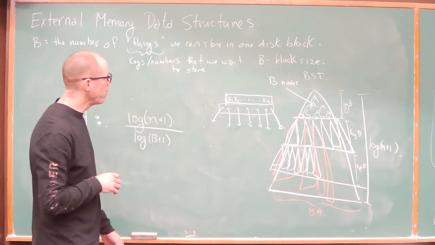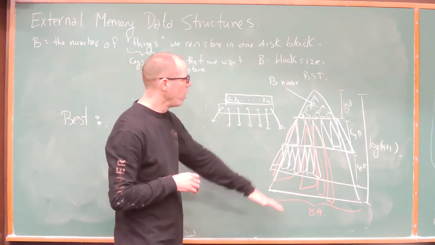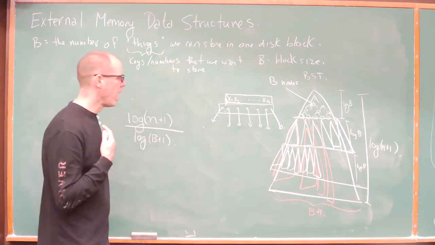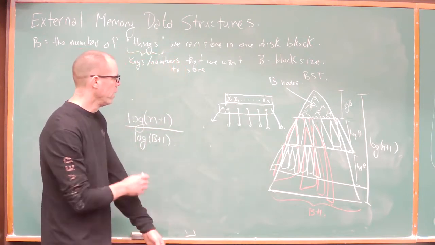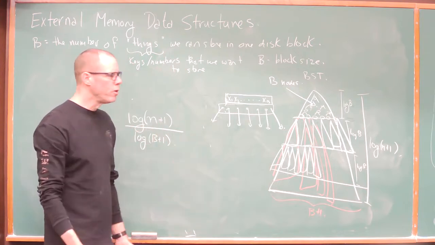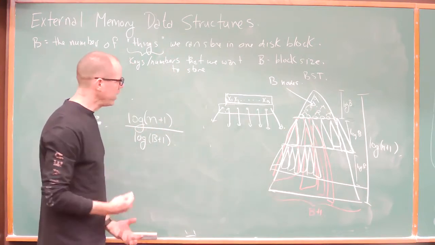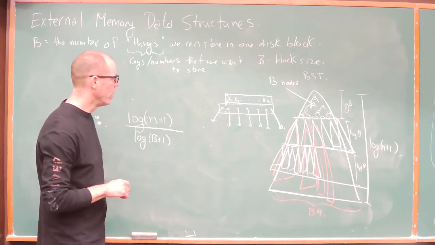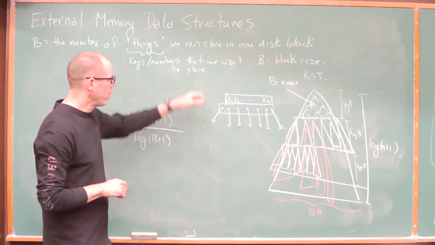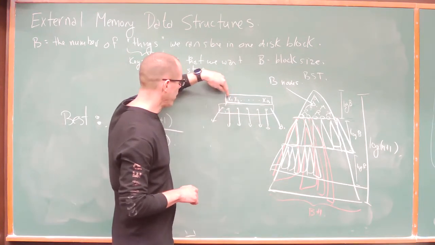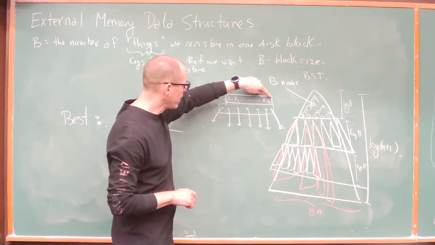So what I just described here is the simplest version, where you're given a set of n values that are ordered so they can be sorted, and you want to store them for searching, and they don't change. You don't add or remove. That you can do really tidily by just storing the first B of them in a block like this.